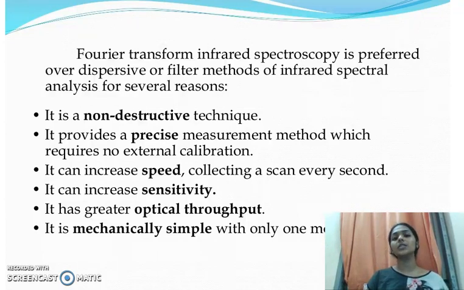But FTIR is a non-destructive technique, and it provides a precise measurement method which requires no external calibration, which means the measurement that you get is accurate. It can also increase the speed and sensitivity, with greater optical throughput. It is mechanically simple with only one moving part.